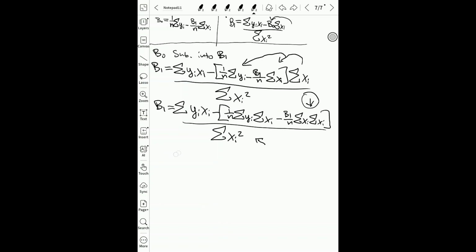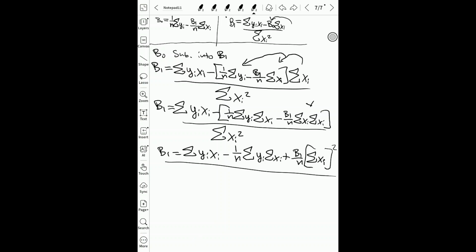So beta 1 is equal to sum of yi xi minus, let's go ahead and distribute this negative over here, 1 over n, sum of yi, sum of xi. Now this is going to be plus beta 1 over n, and so this whole thing, sum of xi, is squared, right? So there's no ambiguity about it.